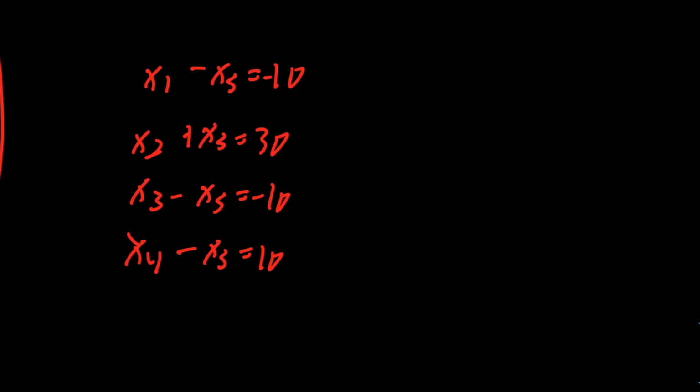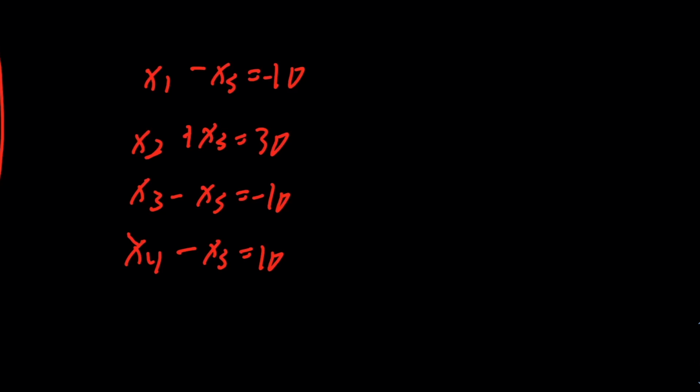And let's say, what if we let t equal x5? Because of the row of zeros, we know that x5 can be any real number based on the new augmented matrix.